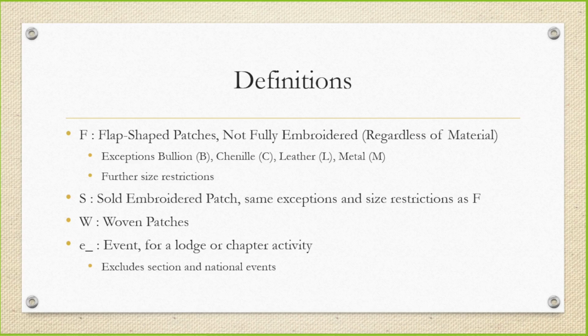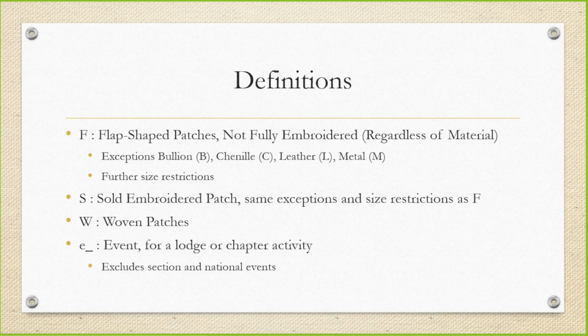But the whole point of having a collecting language is that it should be consistent, from resource to resource and lodge to lodge. So this is what I consider the Blue Book definition, which is the standard.